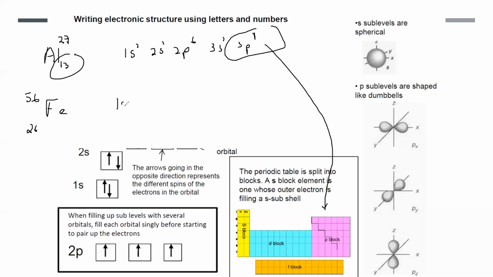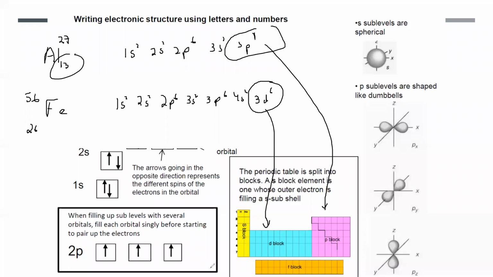So it will be 1s2, 2s2, 2p6, 3s2, 3p6, 4s2. So we arrange 20 electrons, and then 3d6. So the last electron, when we write in terms of energy, is coming in a d orbital. So where can we find this? We can find it in this region.